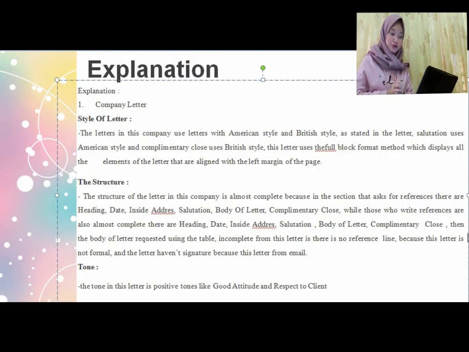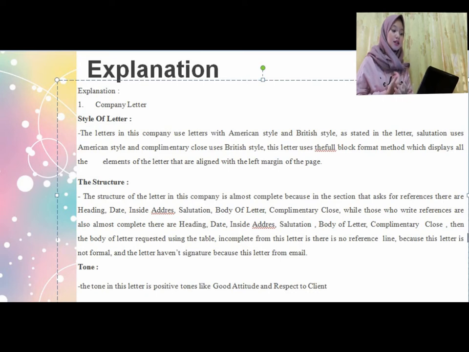Next, the structure. The structure of the letter in this company is almost complete because in this section that has 4 references, there are heading, date, inside address, salutation, body of letter, complimentary clause, while those who write references are also almost complete.